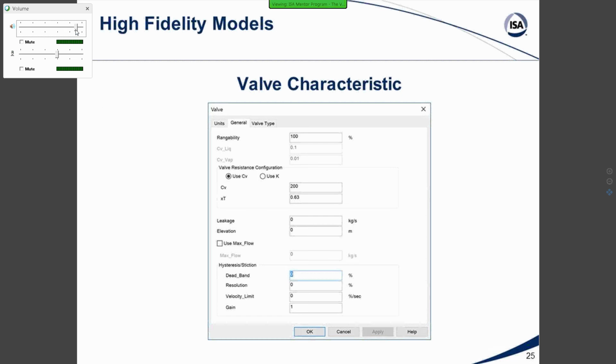You may also start taking into consideration the design, the leakage of a certain valve, or more importantly, some of these other pieces that are often overlooked: your valve hysteresis, your deadband resolution, your velocity gain. These have very big implications on how your control system is able to control your plant.